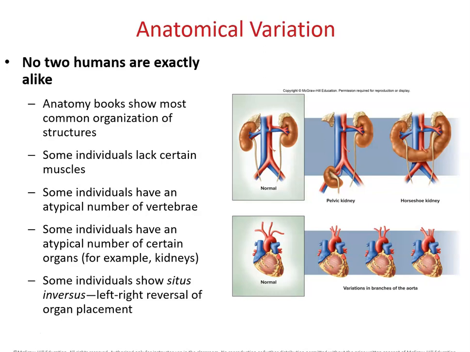Their diagnosis could take longer than otherwise it would have because this condition wasn't known. So, in summary, we are learning about standard normal anatomy, and we have to learn that in order to recognize and be able to work through the causes and effects of abnormal anatomy.